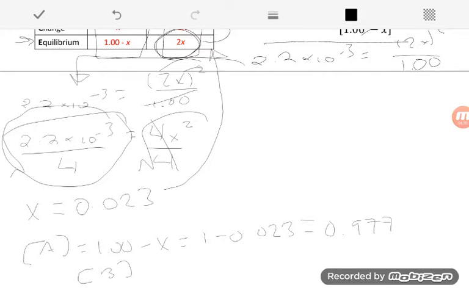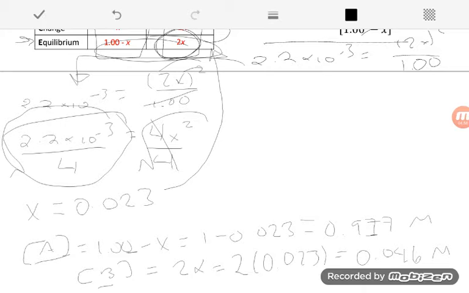B is going to be equal to 2x. Again, I'm just getting that from my equilibrium row up here. So that's going to be 2 times 0.023, which is going to give me 0.046. And now that we're back to talking about concentrations, we'll put our units back on there, which would be molarity. And if I'm being precise with my sig figs, I see that I only had 2 decimals here, so really that would be my last sig fig here.